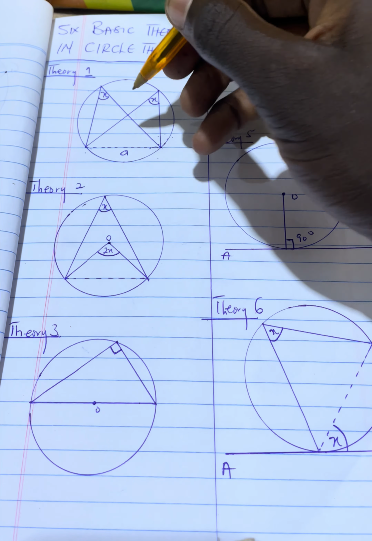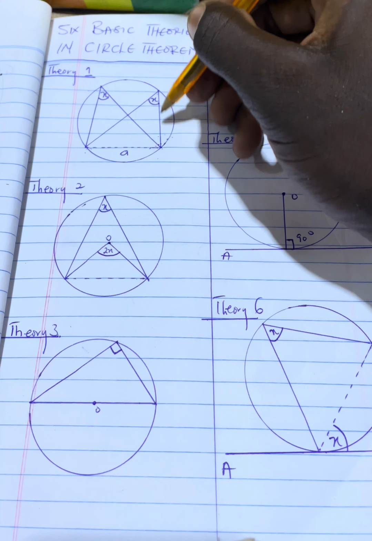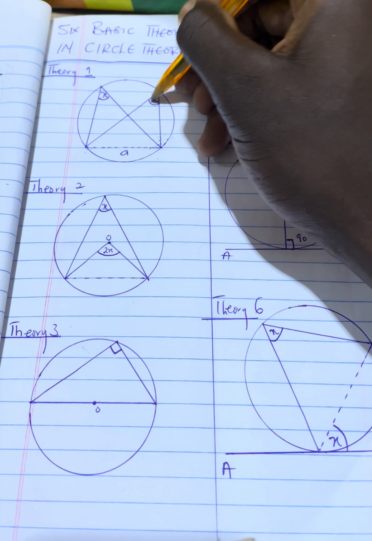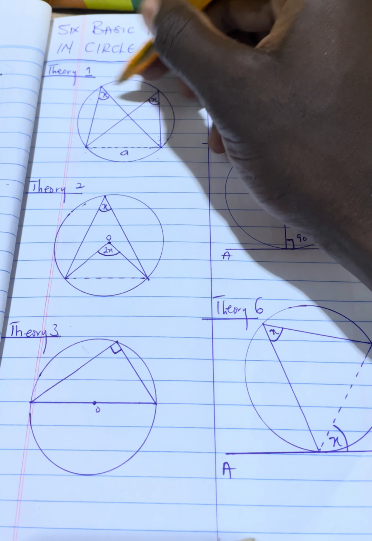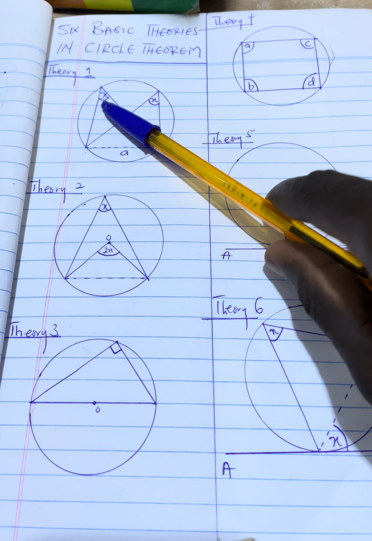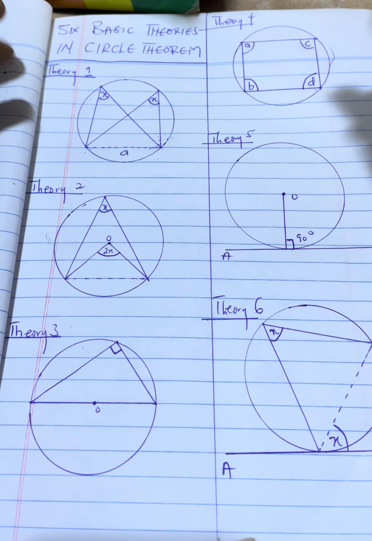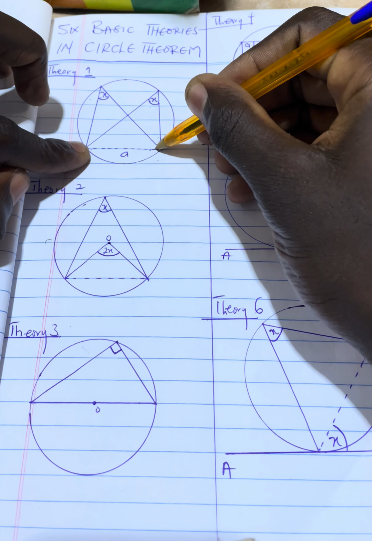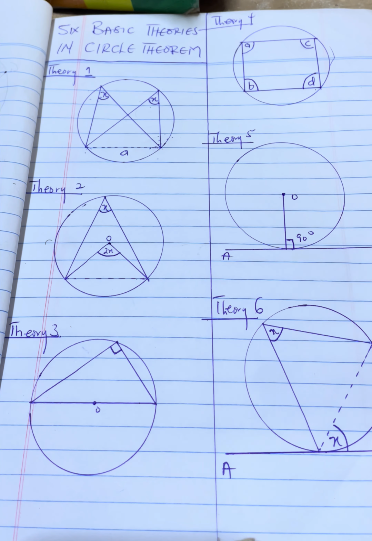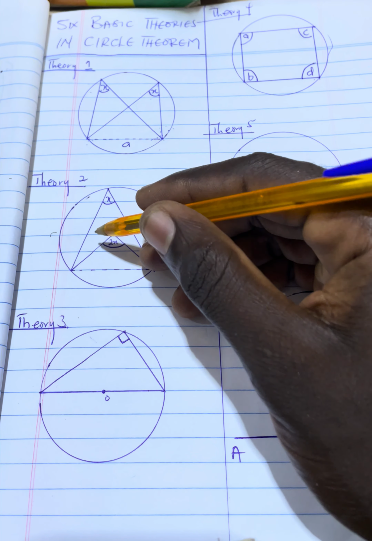You realize that the chord is subtending one angle here and it's also subtending another angle here. They are all the same, forming the same angle. So that's the meaning of the first theorem: any angle subtended by a chord, no matter the number of angles being subtended by that chord, they are all what? The same. Good.